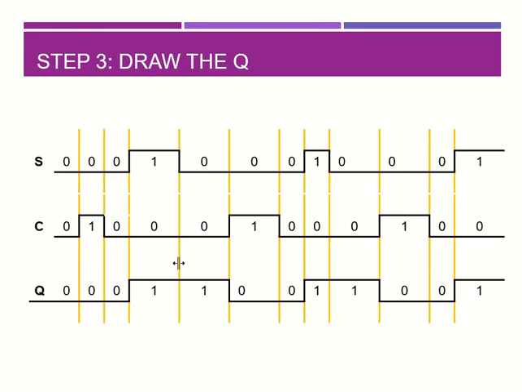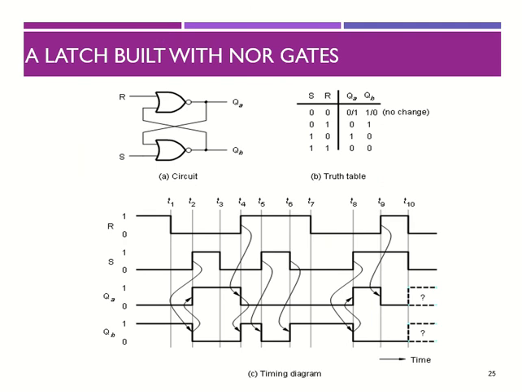And last but not least, you just need to draw according to the value of the q. So this is step 3. So in the end, you're going to have a value like this, and this is the changes that happen for the timing diagram. That's all.